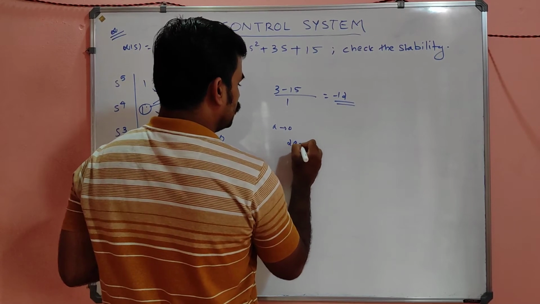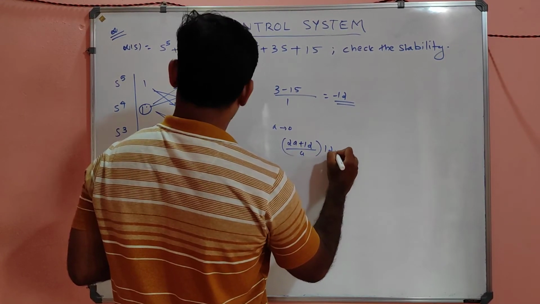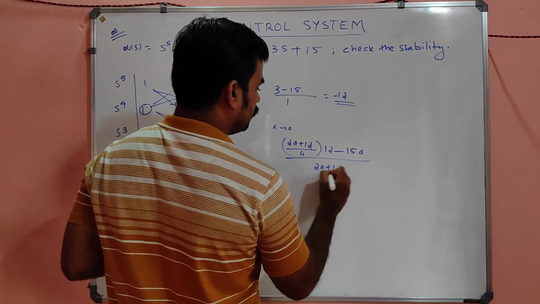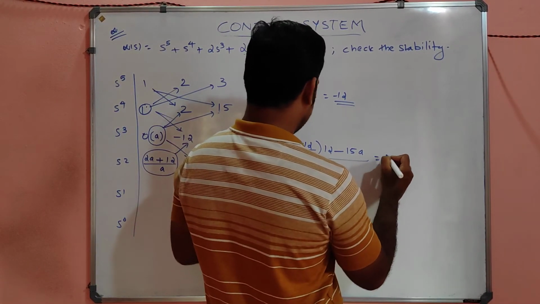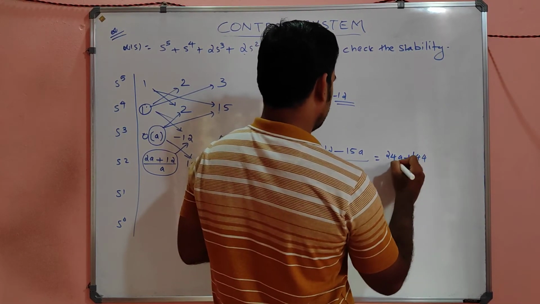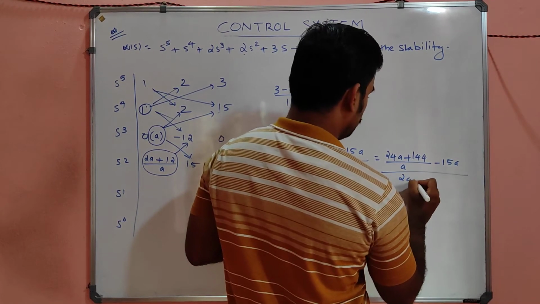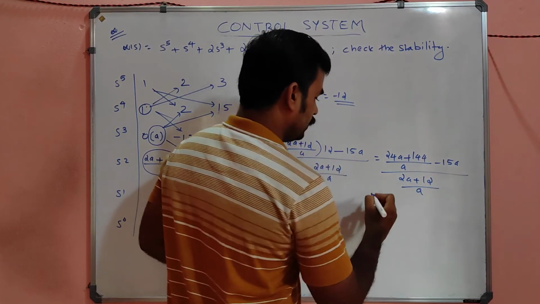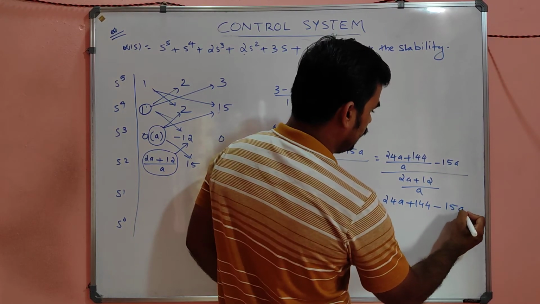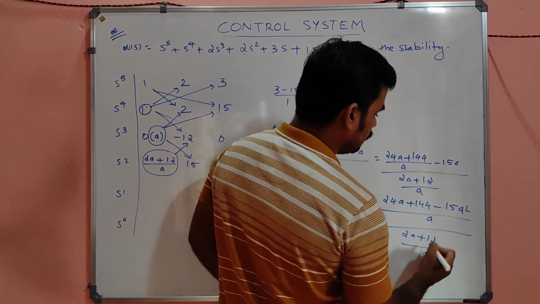It will be 2A plus 12 divided by A into 12 minus 15A, whole divided by 2A plus 12 by A. Or simplify this, my dear, you will get 24A plus 144 by A minus 15A, whole divided by 2A plus 12 divided by A. So again simplify this, you will get 24A plus 144 minus 15A square, whole divided by A, whole divided by 2A plus 12 divided by A. This A and A get cancelled.